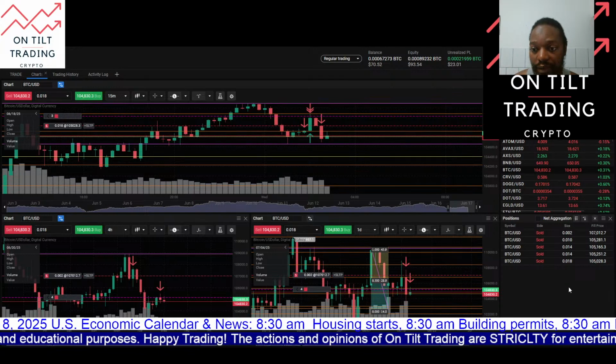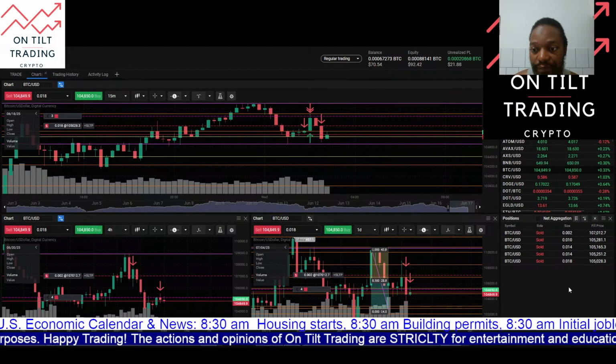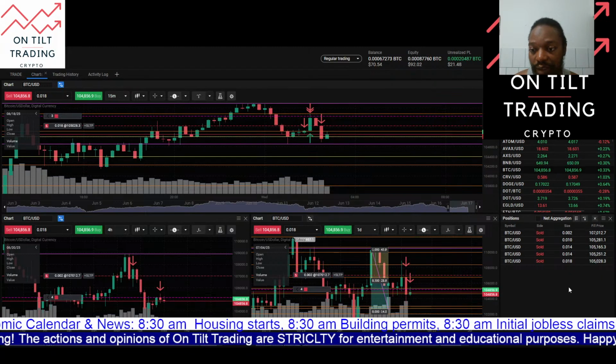Price still being delivered to the sell side, now consolidating.